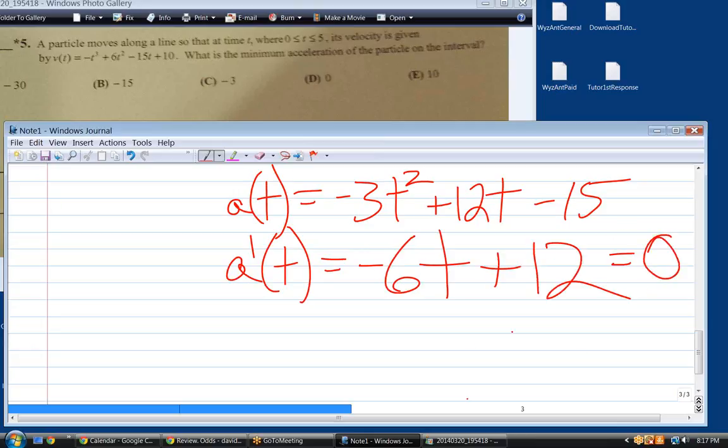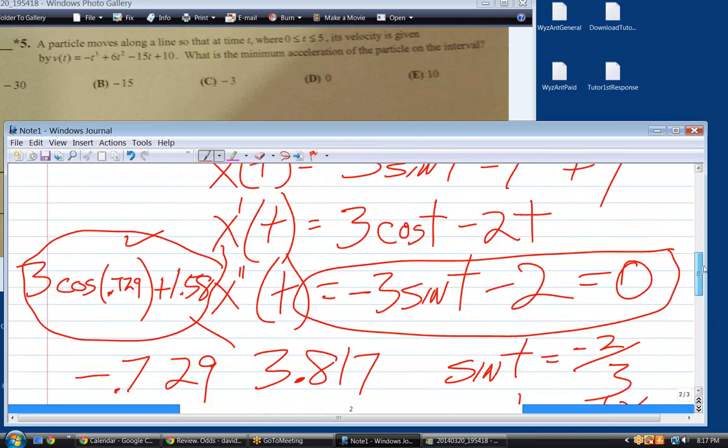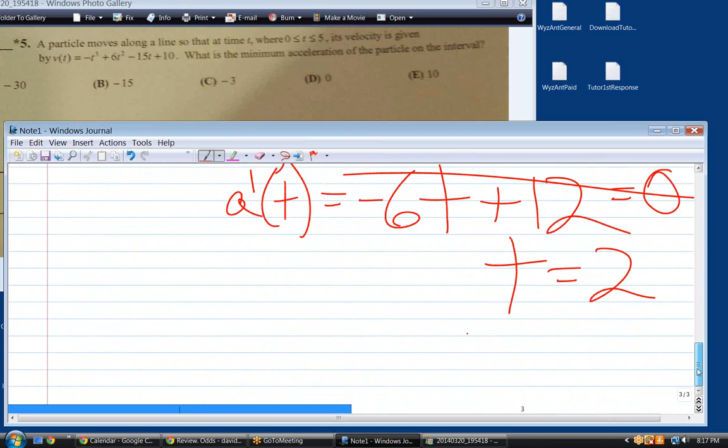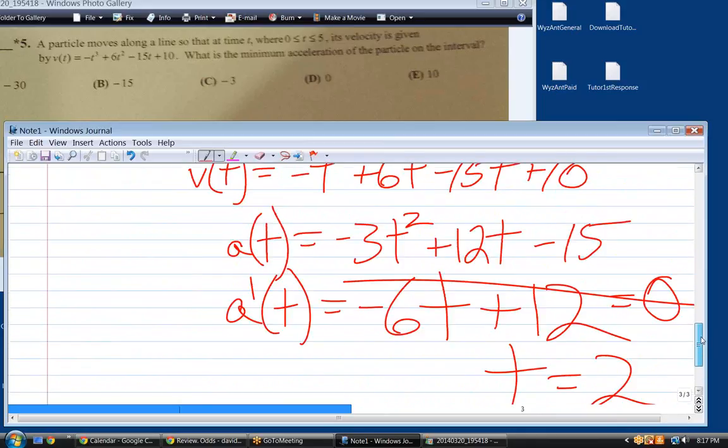When I set that equal to 0, I get t equals 2. And when t is equal to 2, what the heck? I erased all of it? I did. When t is equal to 2, what is our acceleration?